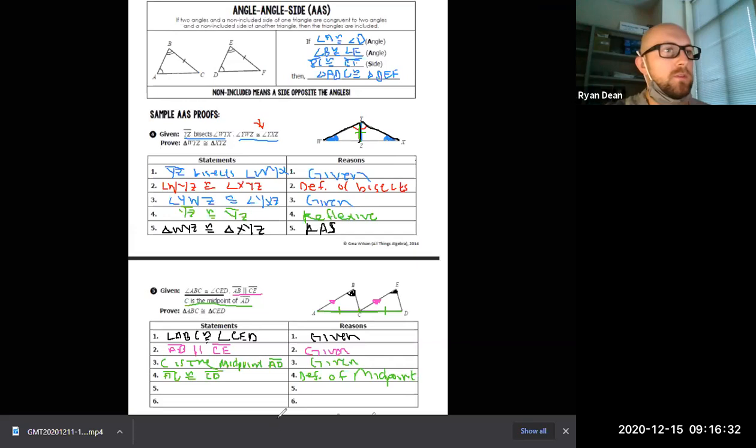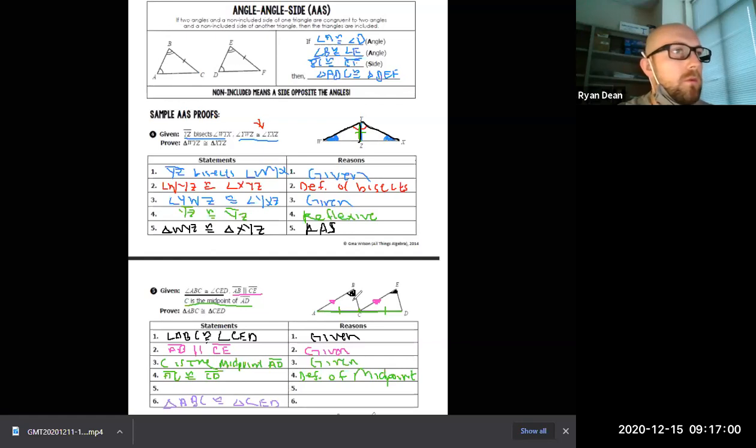All right, now we're still missing two lines, okay? The last line is going to be what we're trying to prove. So I'm gonna go ahead and fill that in, and we just have to find one more piece of information before we're able to complete this proof. What they want us to do is prove that ABC is congruent to triangle CED.